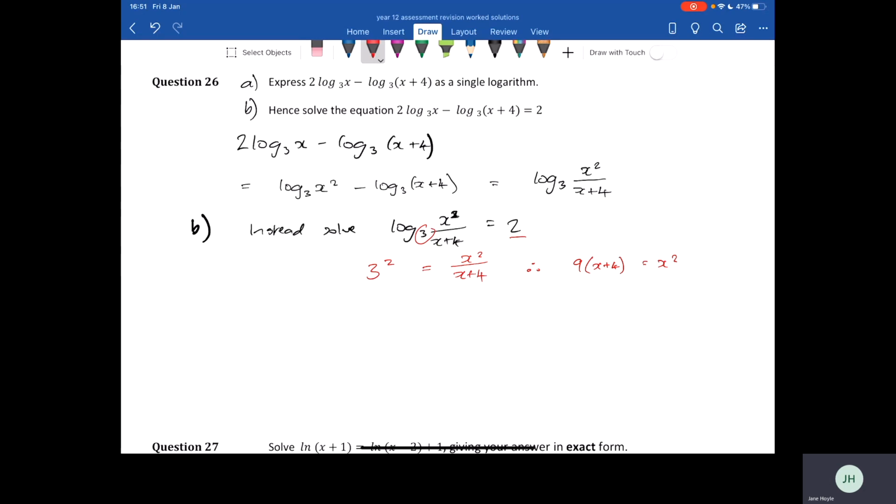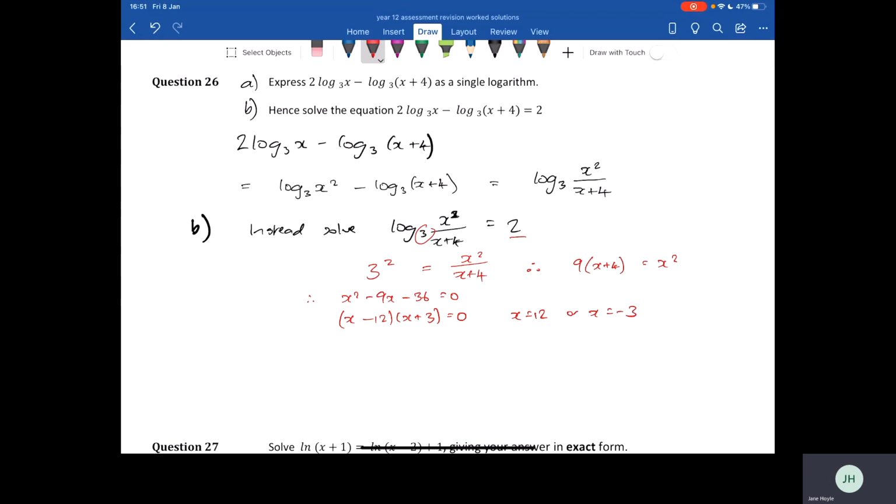And so I get x squared minus 9x minus 36 is 0. That factorises with 12 and 3, so either x equals 12 or x equals negative 3.